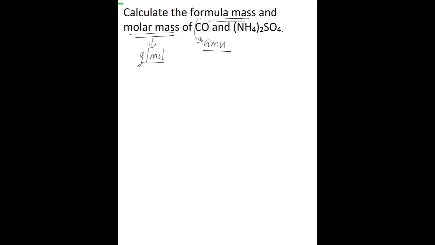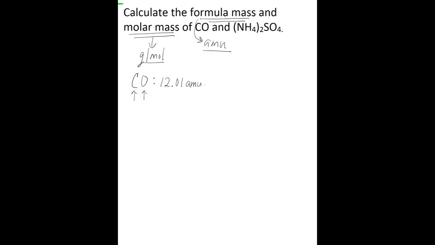So let's calculate these for both of these molecules shown here. So carbon monoxide, which is a molecule, so it's covalently bonded carbon and oxygen. And what you do is you look up the atomic masses for both carbon and oxygen separately in the periodic table. And the atomic mass of carbon is 12.01 AMU.